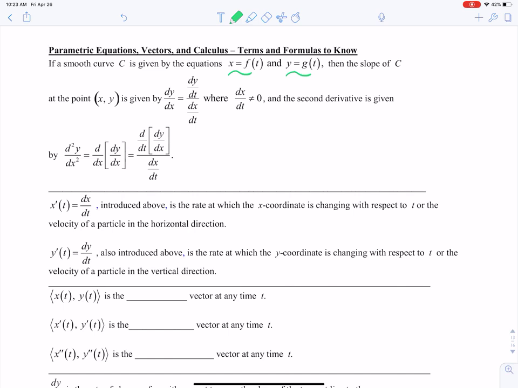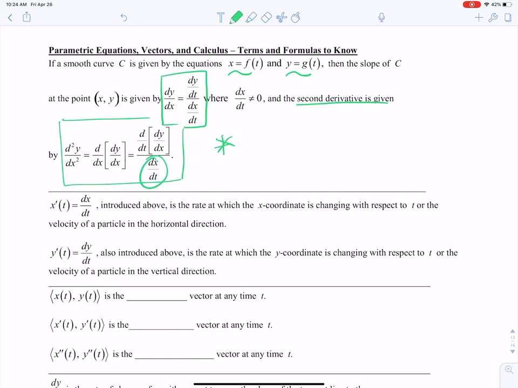We have an x position, we have a y position, and we've already talked about the fact that dy/dx is dy/dt over dx/dt. We've also already learned the second derivative equation as d/dt of dy/dx, divided by dx/dt. Don't forget those.